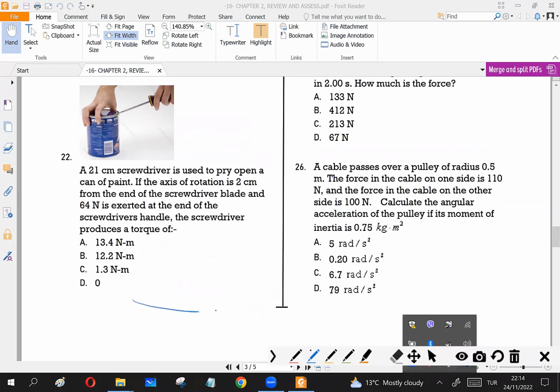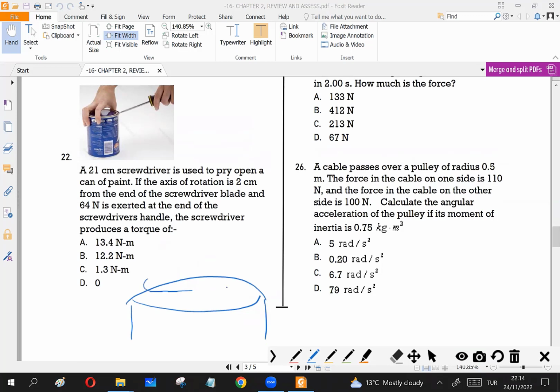This is the can, and there's a lid, something like this. If you want to open this lid, you should use a screwdriver, but the screwdriver's blade must be put just under this lid.